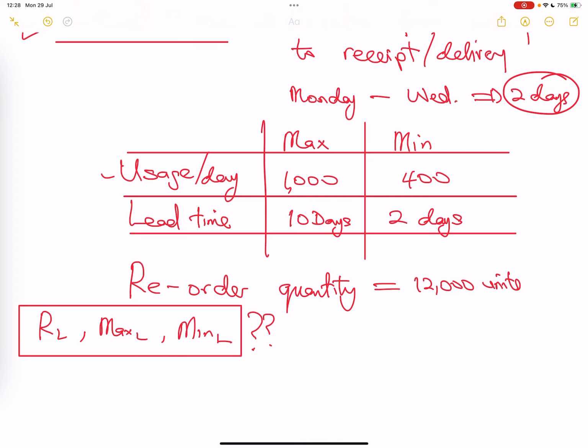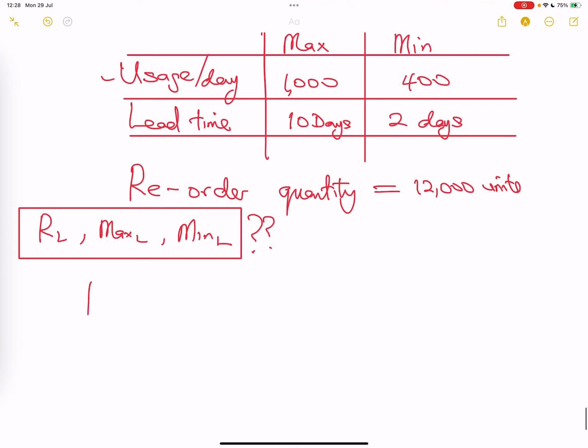Let's speak about reorder level first. Remember what I said about reorder level? What reorder level is trying to answer is the number of units you need to have in stock before you place a fresh order. You need to wait for that level, because if you don't, you will have too much.